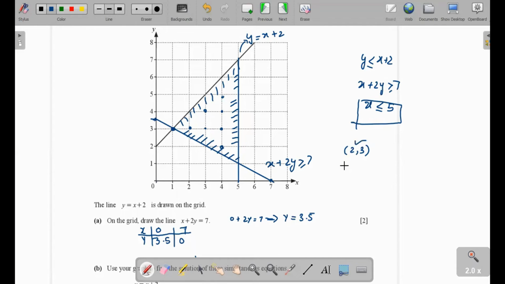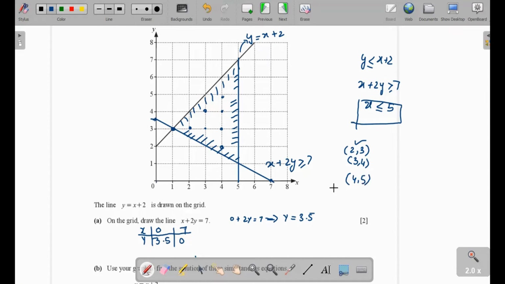Therefore, you can take this one. Next is 3, 3. No. 4, 3. Not. This point 3, 4. Yes. 4, 4. Not. 4, 5.